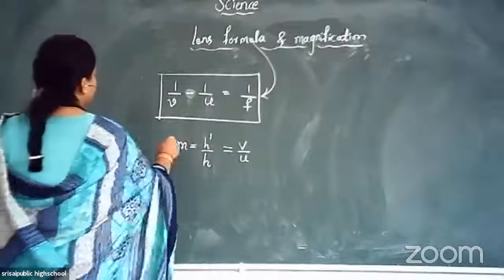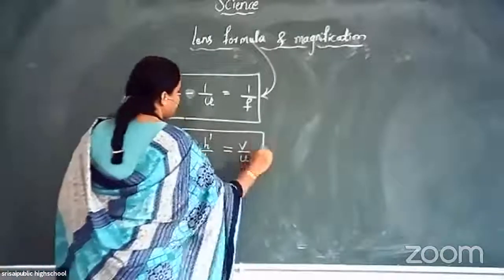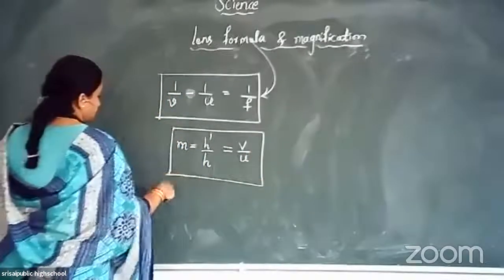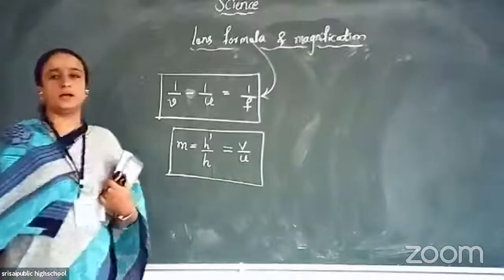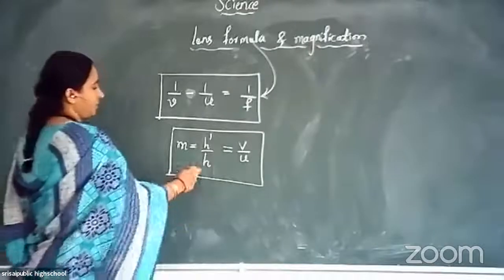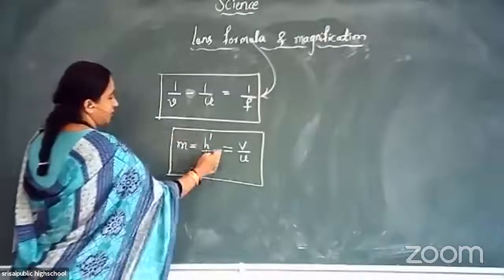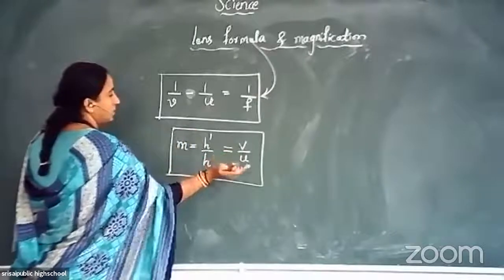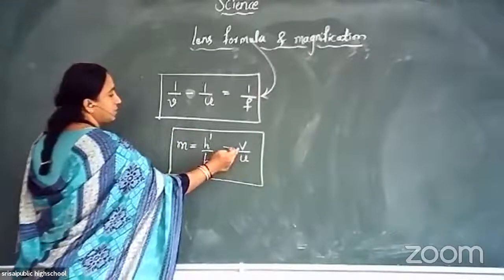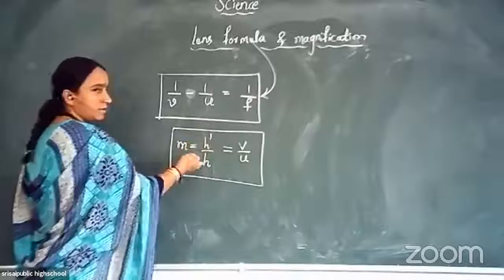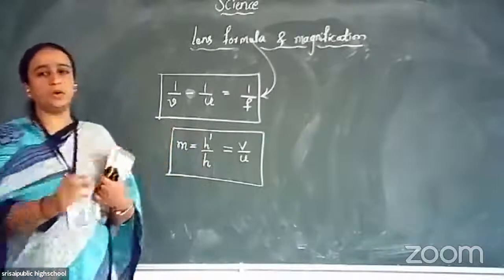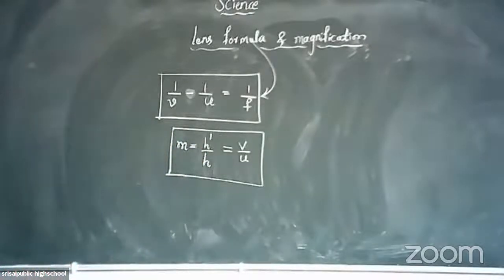This is the magnification given for lenses. Up to this much it is the same for mirror and lens. Only the change is here. For mirrors there was a negative sign. For lenses there is no negative sign.